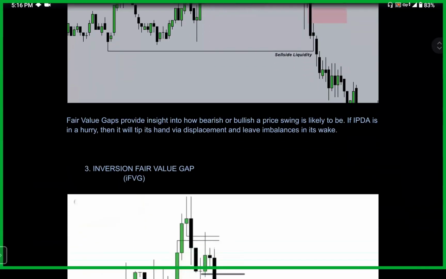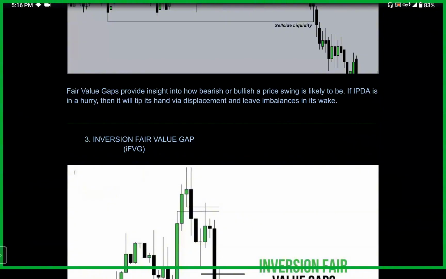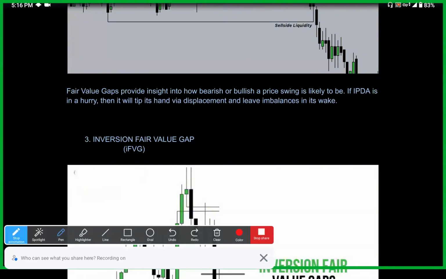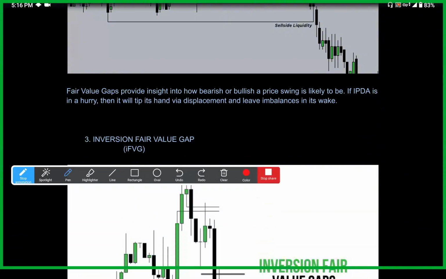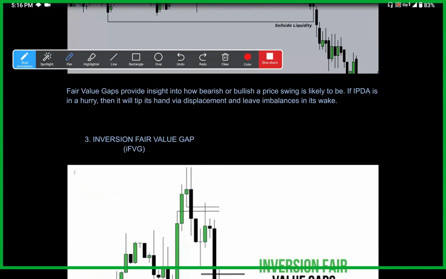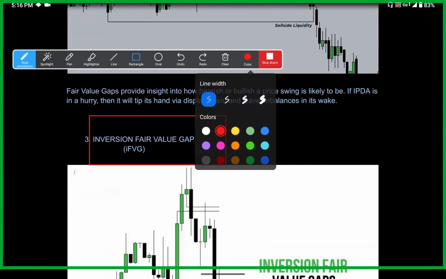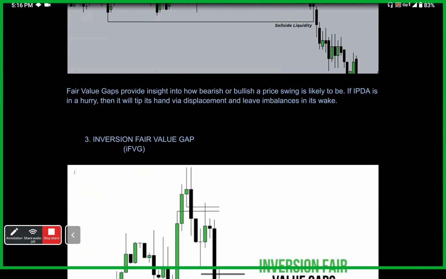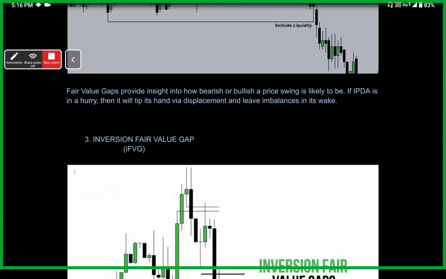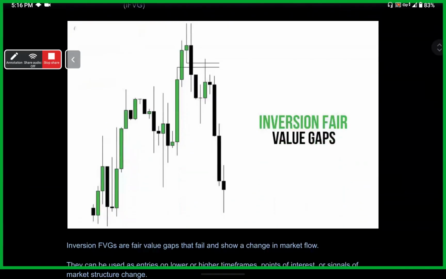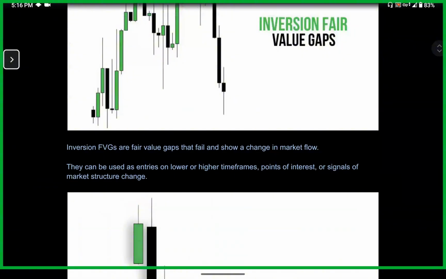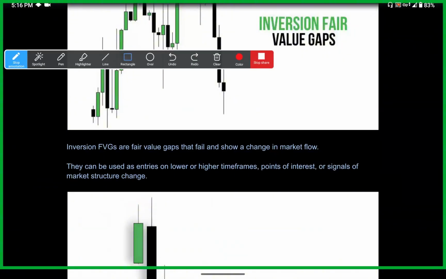So today we are going to tackle the inversion fair value gaps. So what are inversion fair value gaps? An inversion fair value gap is a fair value gap that fails to show a change in market flow.